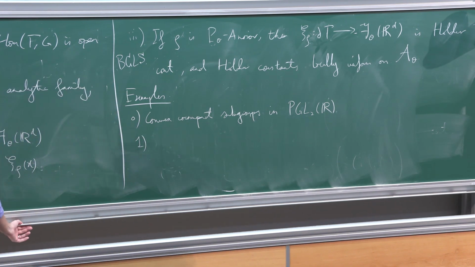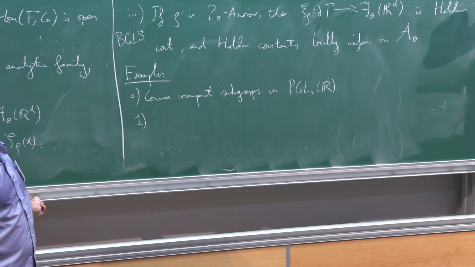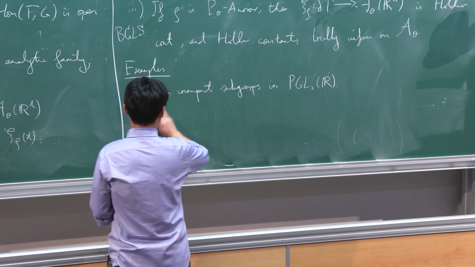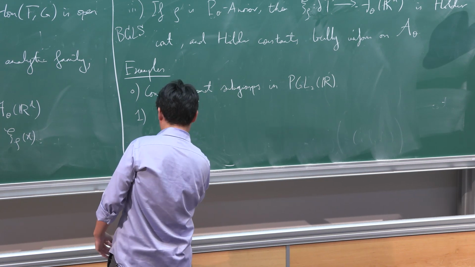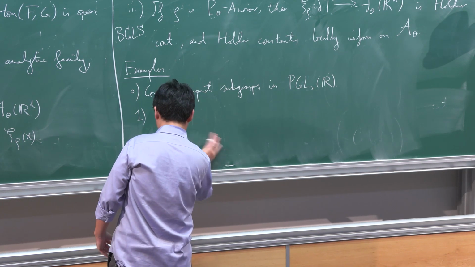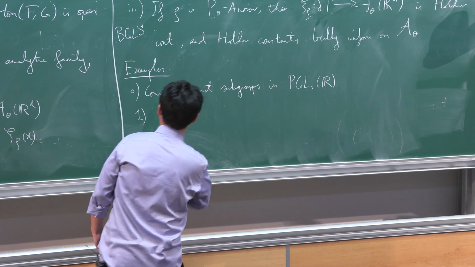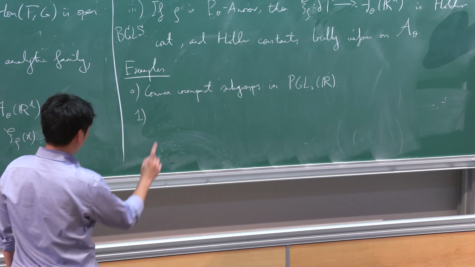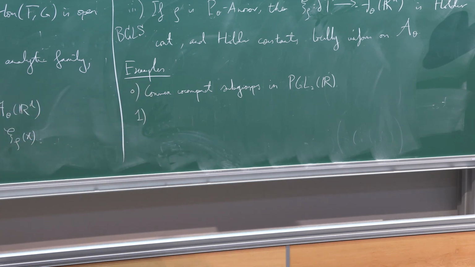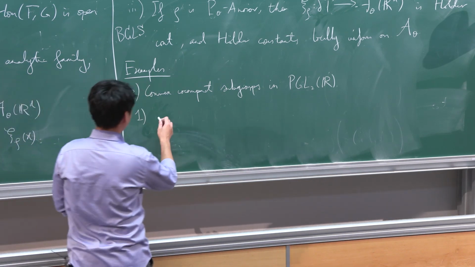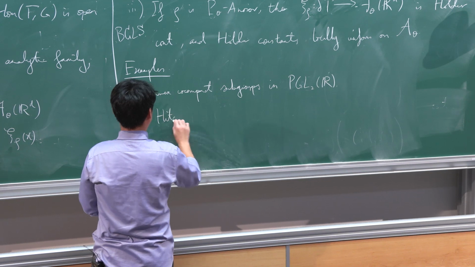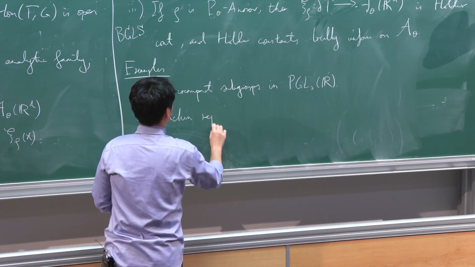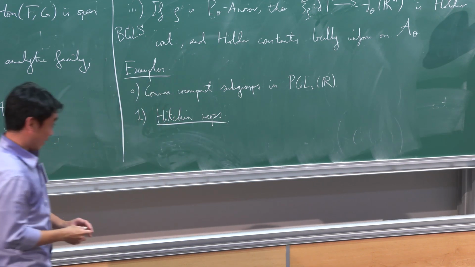The second example is the Hitchin representations. They showed up in the talk earlier today. These were not defined, so I'm going to define them now.